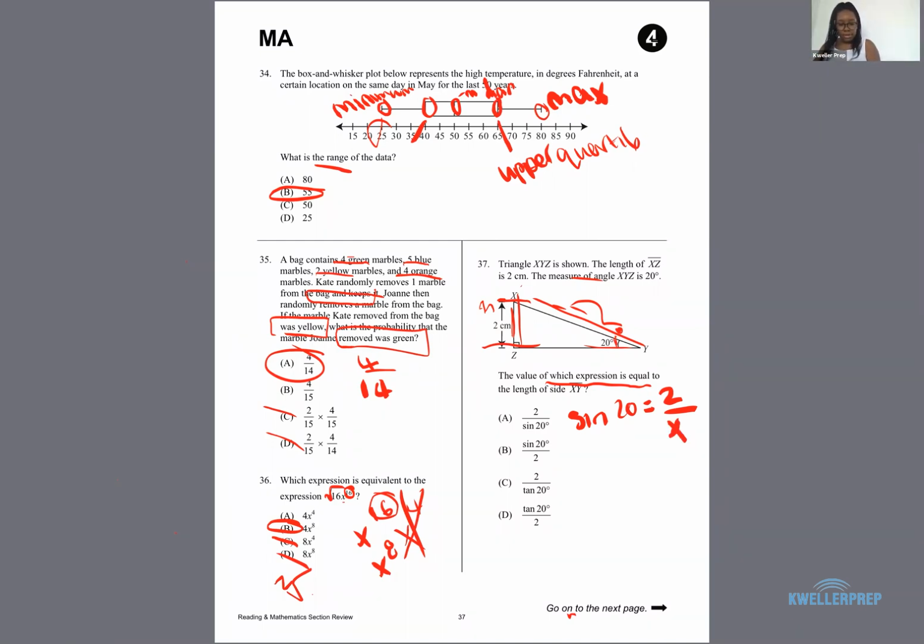Then all you need to do is solve for x. In the end, it should simplify to 2 over sine 20 equals x. And that is what should equal the hypotenuse. Do you guys understand? All clear? Yeah. Awesome.